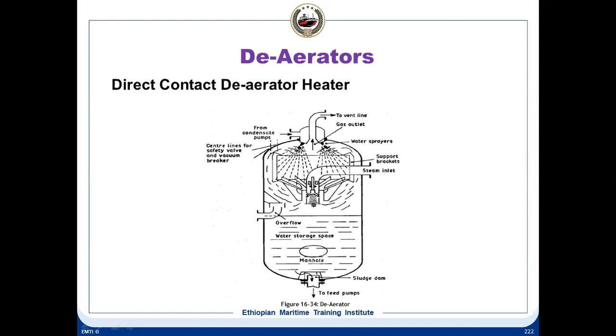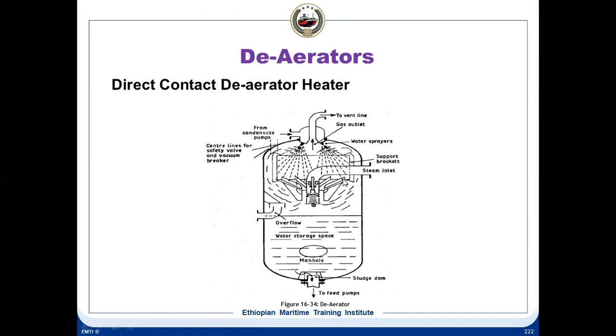What does the deaerator do? The removal of oxygen is obviously necessary. The primary reason to fit a deaerator is removal of oxygen, which is necessary to prevent tube pitting and other problems due to oxygen attack on a boiler.